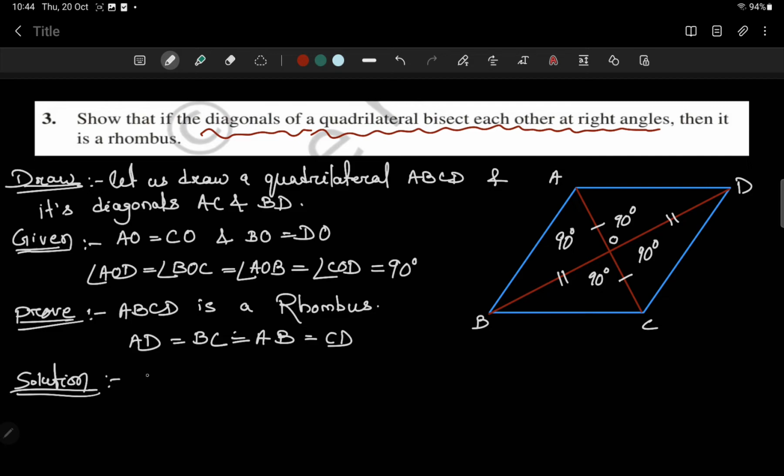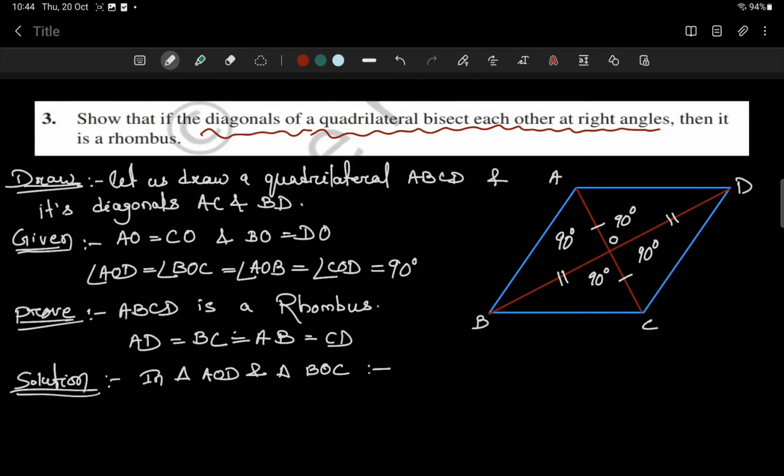So let's take triangle AOD and triangle BOC. Okay, so we'll make them congruent. If we can make them congruent, then we can prove that AD equals to BC due to CPCT, and similarly we can prove that AB equals to CD due to CPCT.